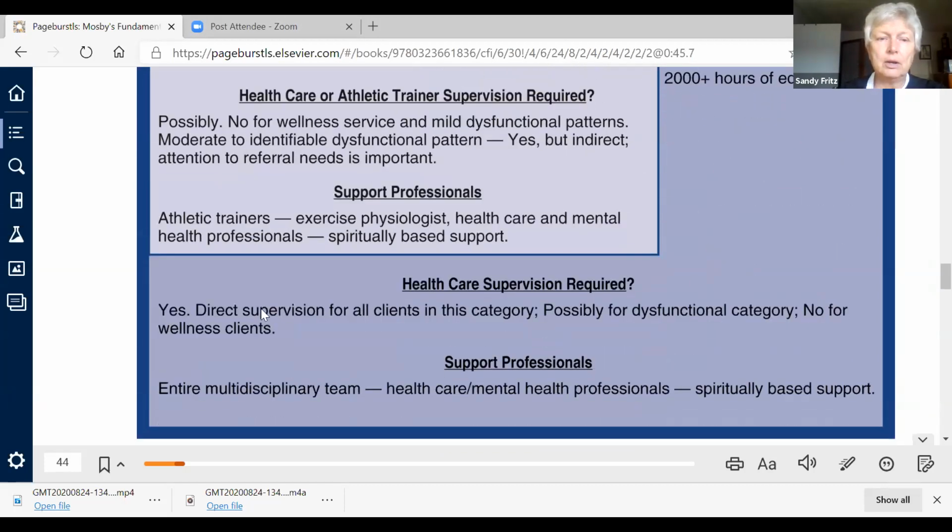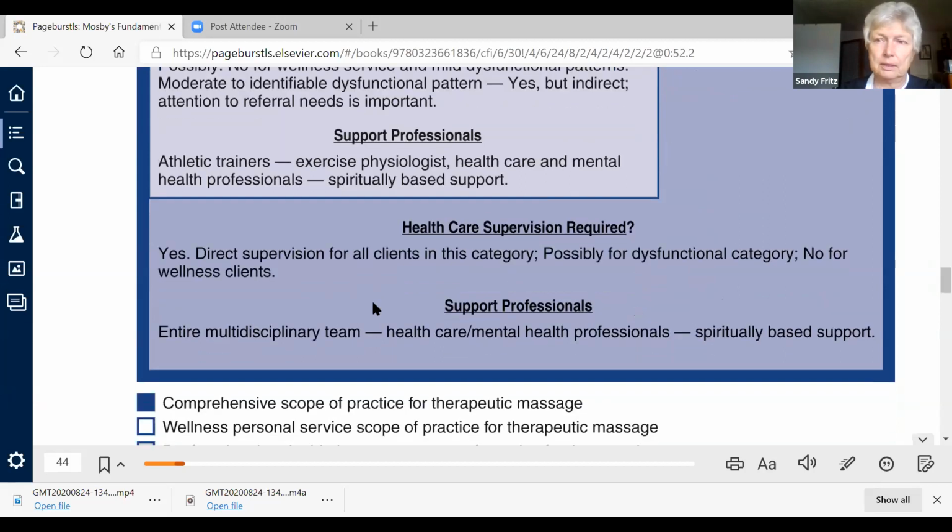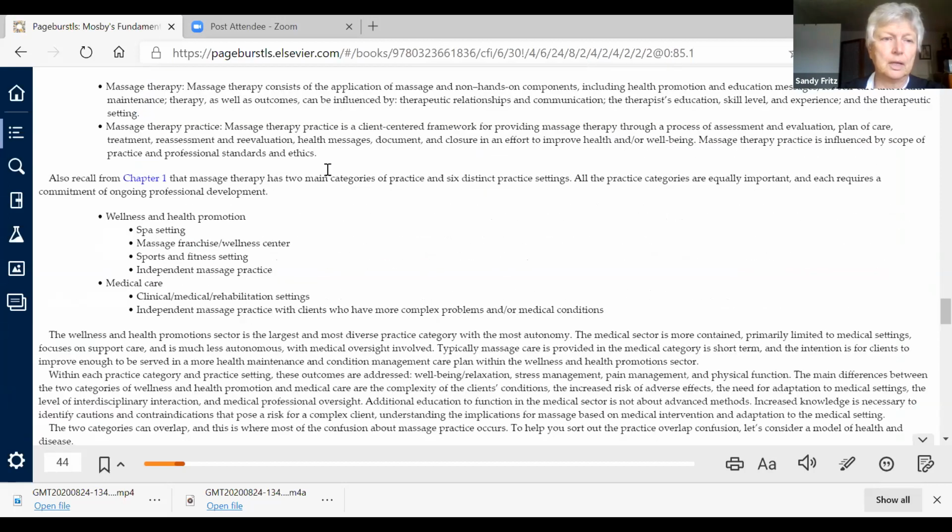So down here, most often we are working in conjunction with a multidisciplinary team. So we need to be part of that and know what our scope of practice is within it. So that pretty much explains that whole concept.